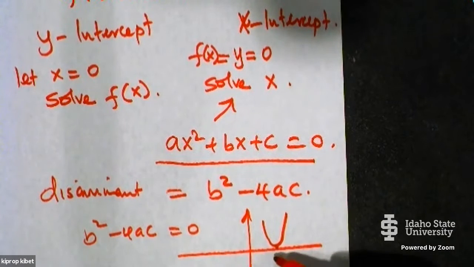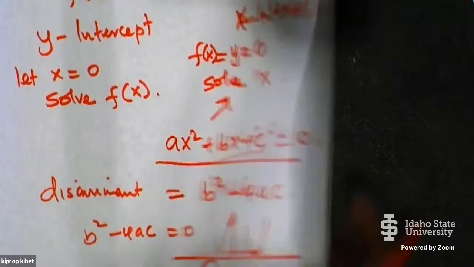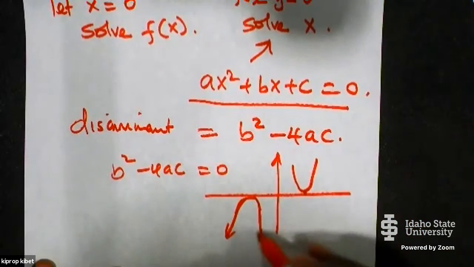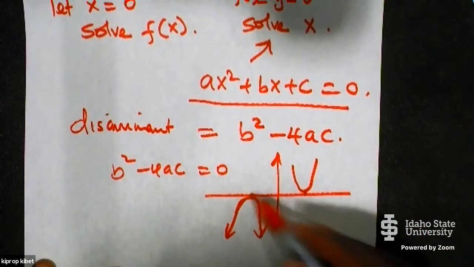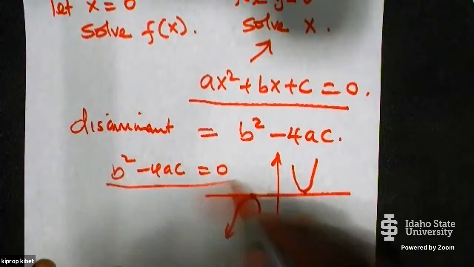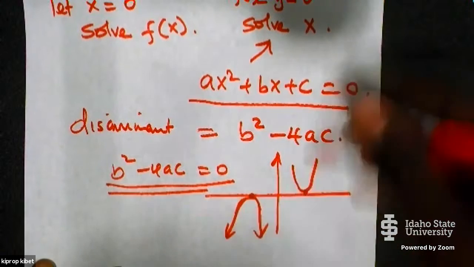Or if it is negative, then it can be somewhere there, okay? Because it's only 1 point, our parabola will touch at 1 point like that, because the value of x is only 1 there. So it will be of that form.